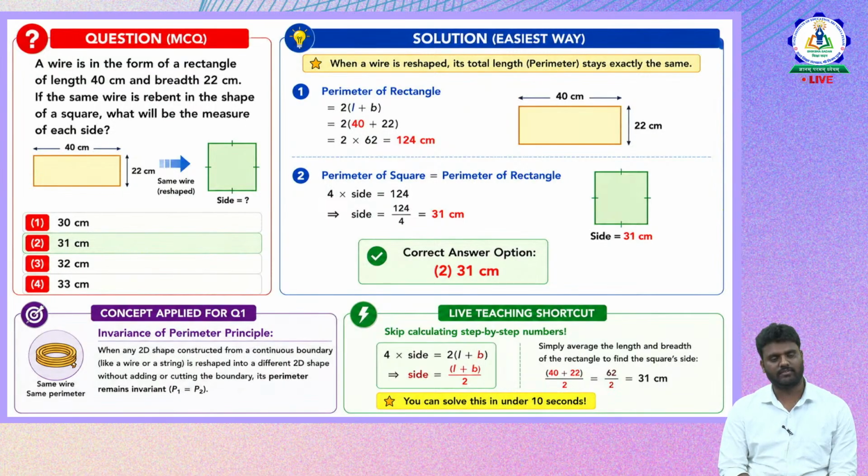So what will be the measure of each side? To rebend into a square shape where all the sides are equal, what will be the length of each side? That is what they need us to identify.